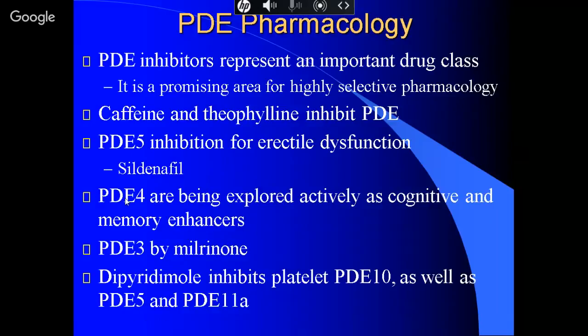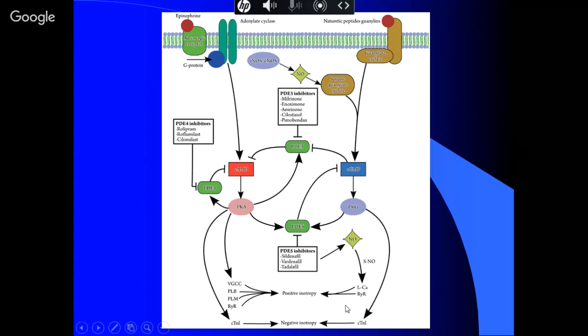We're looking at controlling, pharmacologically interacting with the degradation of the cyclic nucleotide signal, okay? So we're working at turning the system off. PDE4 is being explored actively for memory and cognitive disorders, and in the heart, dipyridamole and platelet interactions is a phosphodiesterase inhibitor.